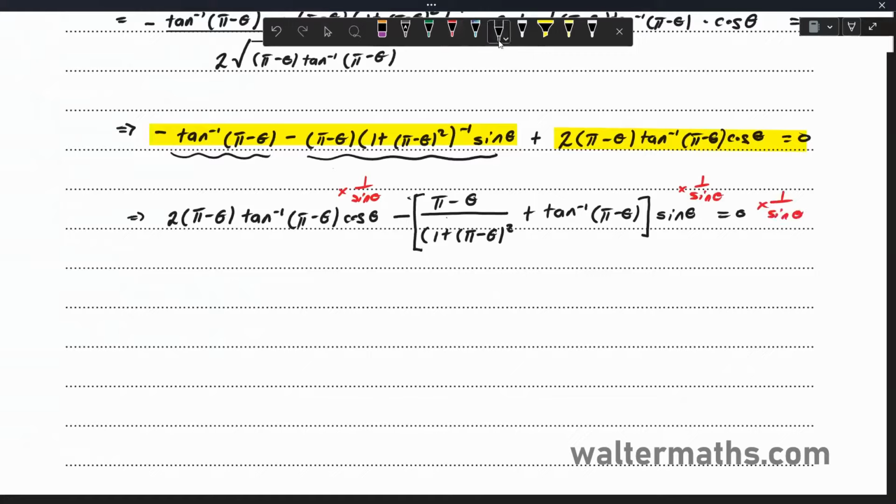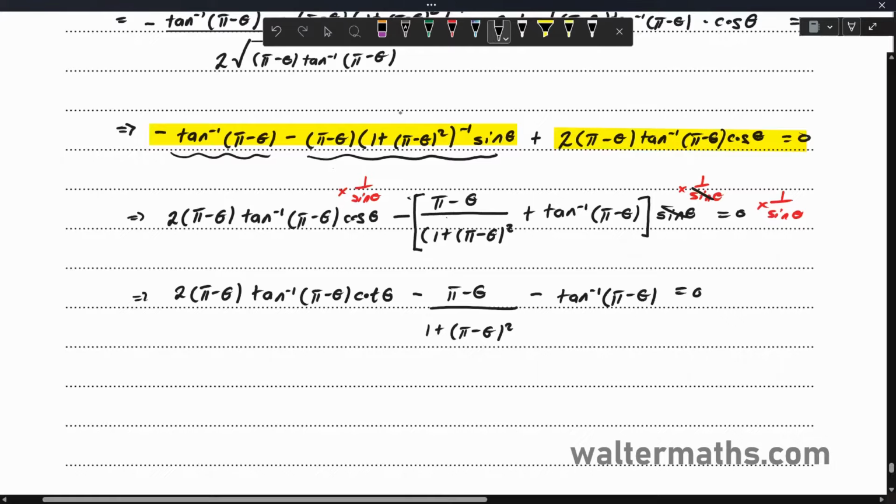And when we do, we'll be having 2 of pi minus theta of arctan of pi minus theta, and cos theta over sine theta is cot theta. And here they will cancel. So we have minus of pi minus theta over 1 plus pi minus theta squared, and it's going to be minus arctan of pi minus theta equal to 0.